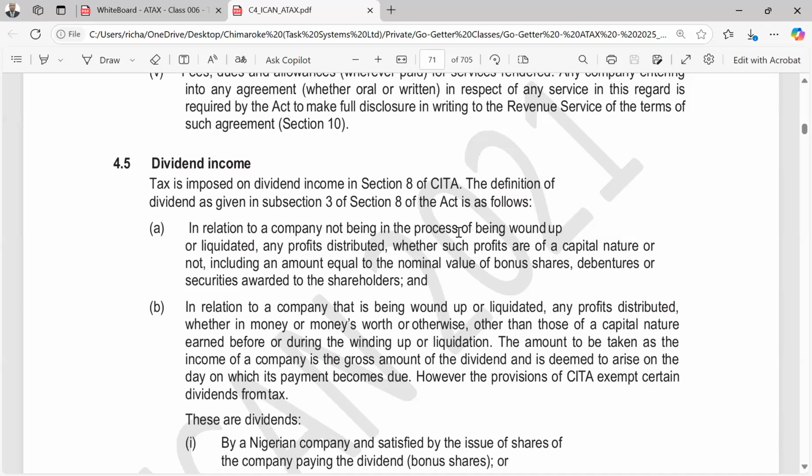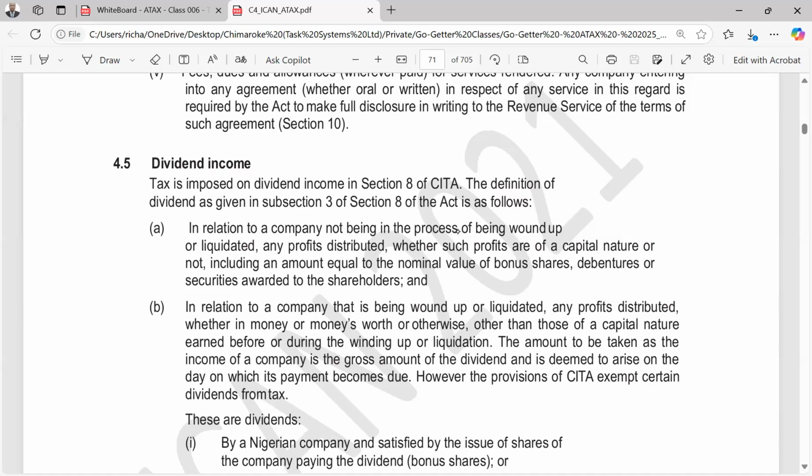In relation to a company not being in the process of being wound up, that is, it is not going on cessation, it is not going on liquidation, as long as it is still existing, not liquidating, any profit that is distributed is called dividends.